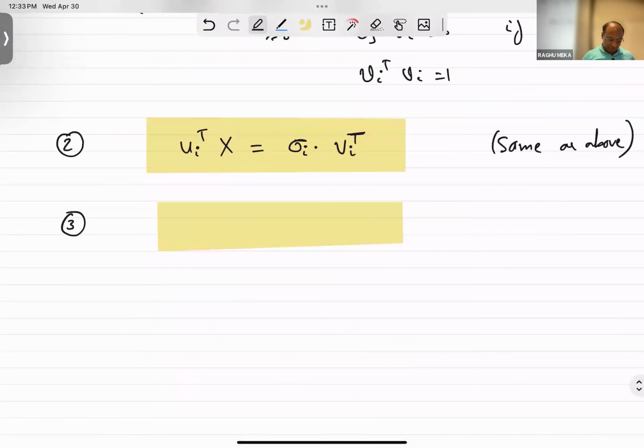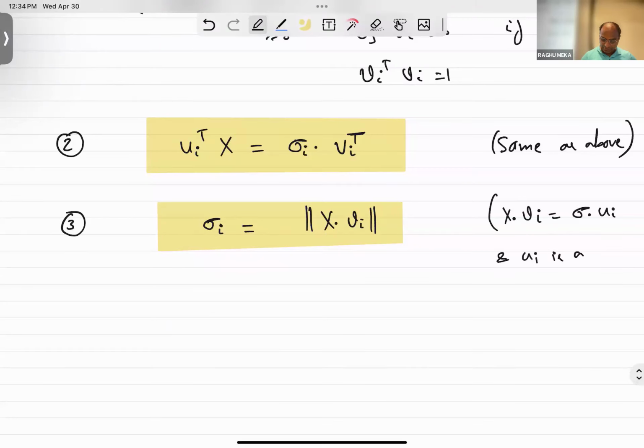You just compute the norm. So sigma_i is the norm of X v_i. And this is because of property 1: X v_i equals sigma_i times u_i, and u_i is a unit vector, right?